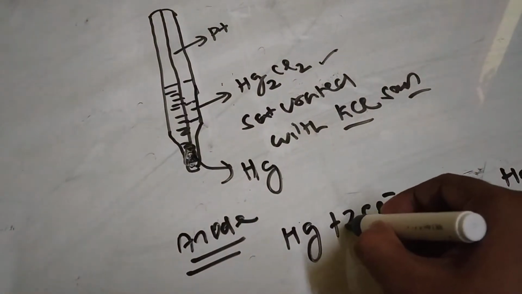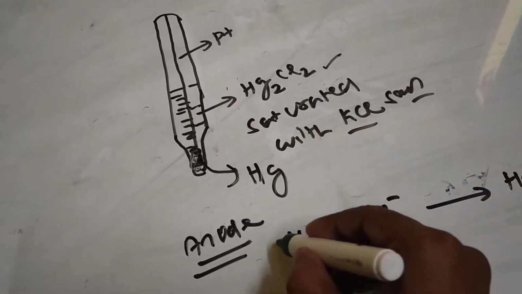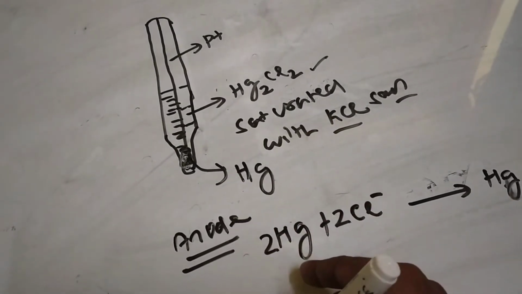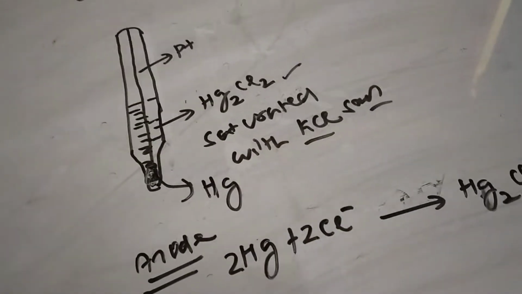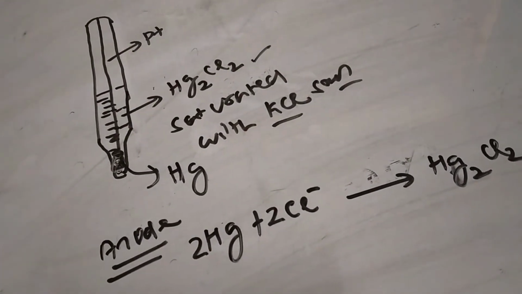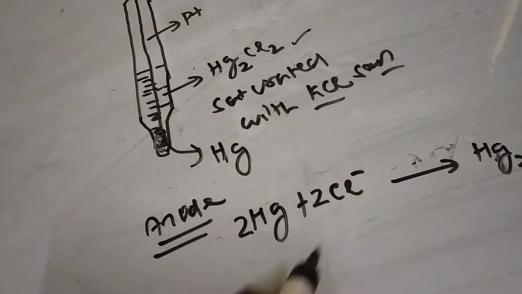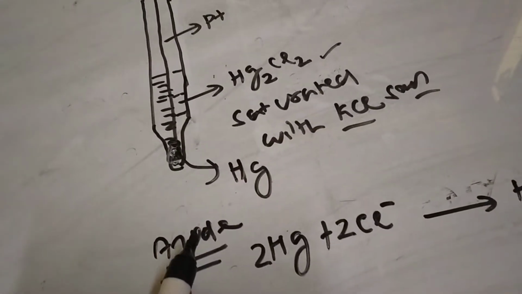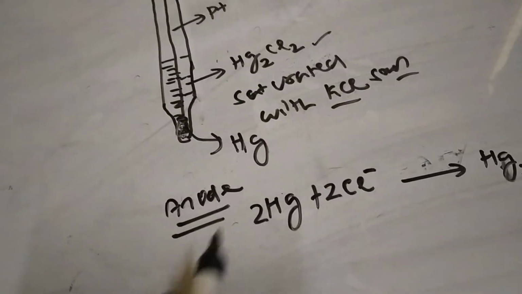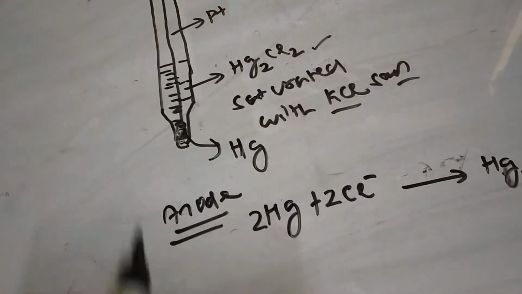To balance, this will be 2, this will be 2. So 2 Hg plus 2 Cl minus gives Hg2Cl2 plus 2 electrons. This is the reaction. What I have written is the oxidation reaction, as we know that at the anode it undergoes oxidation. So this is the oxidation of the Calomel electrode.